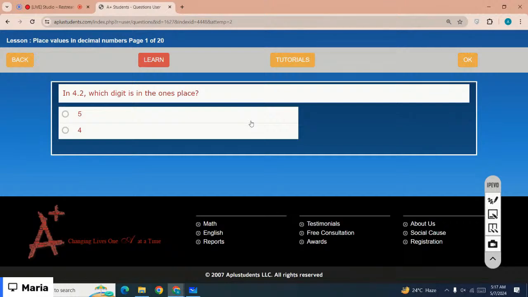In 4.2, which digit is at the ones place?